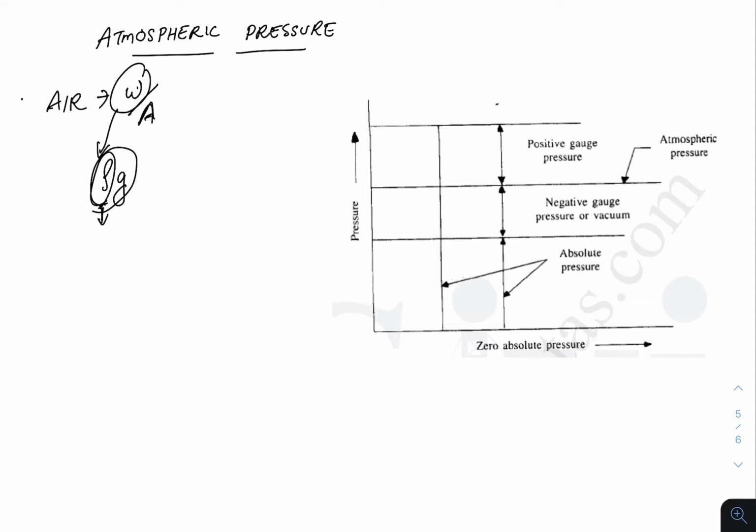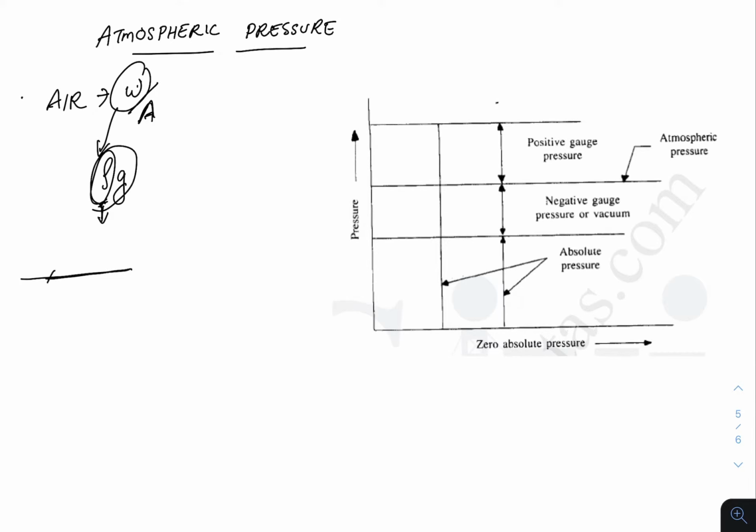So what we will do is, at the mean sea level, we will calculate its value in terms of liquid columns. For the sea level, if there is 1 meter square area and the weight of air acting on it is 103, we take that value as 103 kilonewton. So 103 kilonewton per meter square will give you the atmospheric pressure.